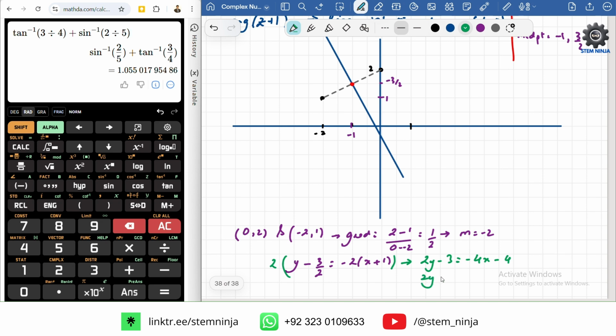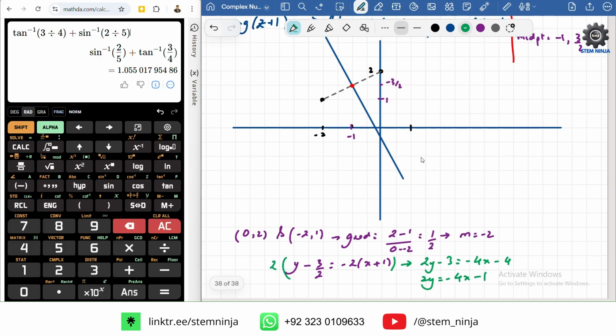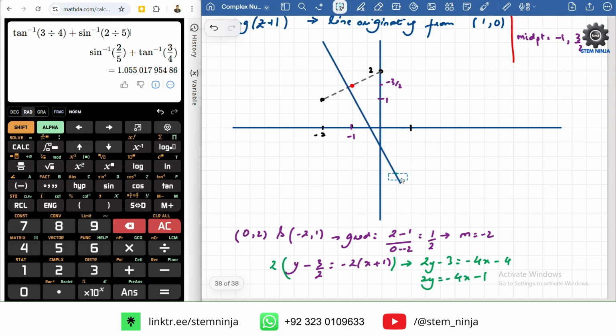So you get 2y equals to minus 4x, minus 4 plus 3 means minus 1. Right, so this means that it's passing through minus 1. So, wait a second. It's passing through this point, in fact.